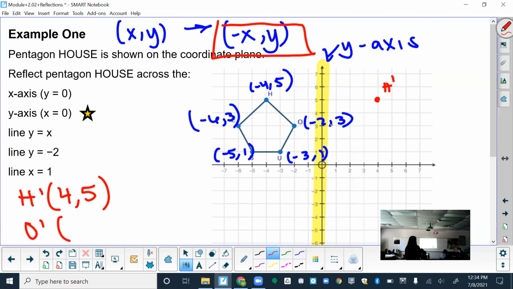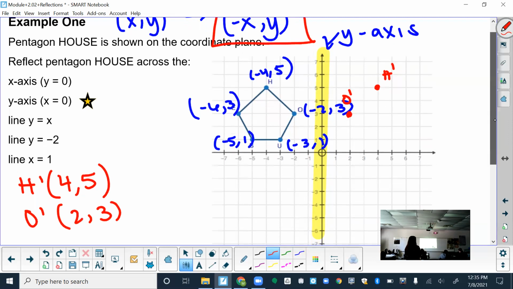If my original O was -2, 3, what's my new O? 2, 3, good. So 2 over, 3 up is my O prime.